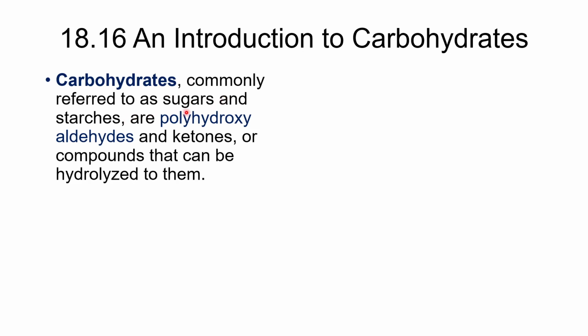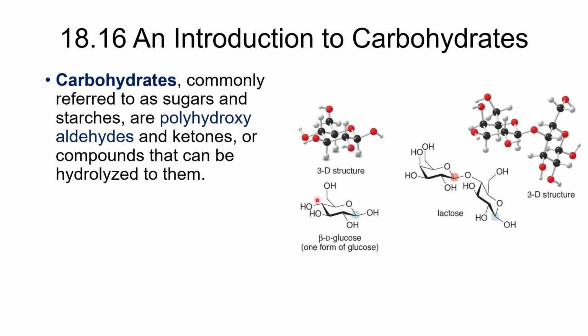So they're sugars, starches, any number of things. Many of them are super delicious. But we're going to take those carbohydrates and look at them. We're going to find that quite a few of the monosaccharides, not all of them, have a cyclic structure to them.